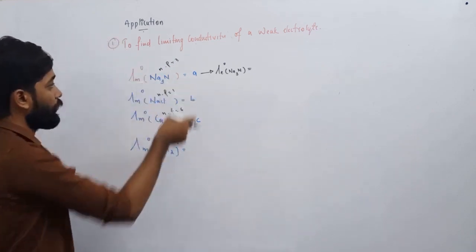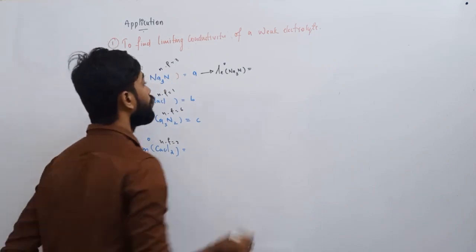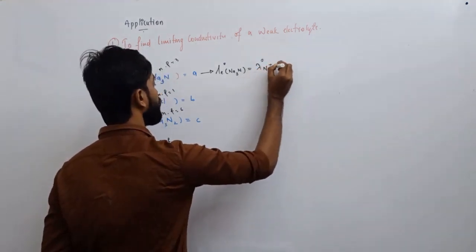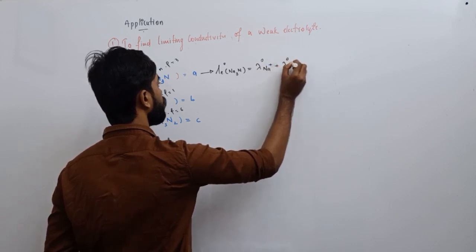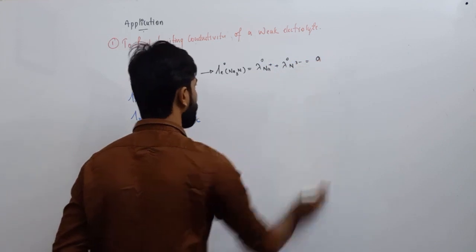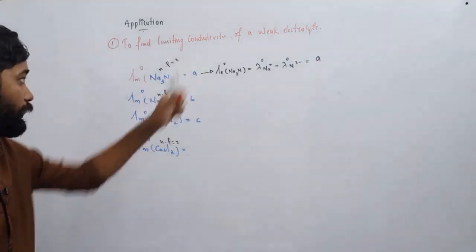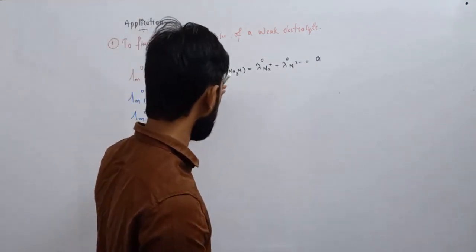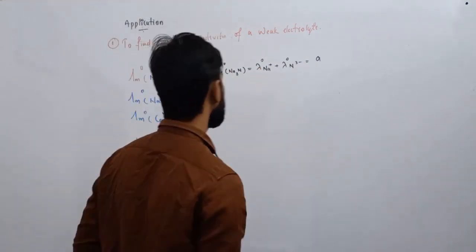Then you convert the lambda M0 into lambda E0. Sodium nitride will be equal to lambda 0 Na+ plus lambda 0 N3-. And this value will not be equal to A because A is its molar conductivity. If the molar conductivity is A for your sodium nitride, then what is equivalent conductivity?